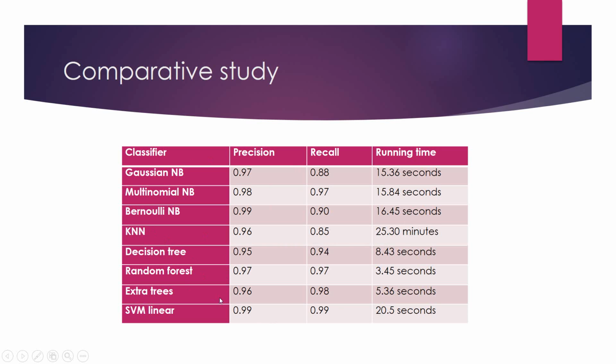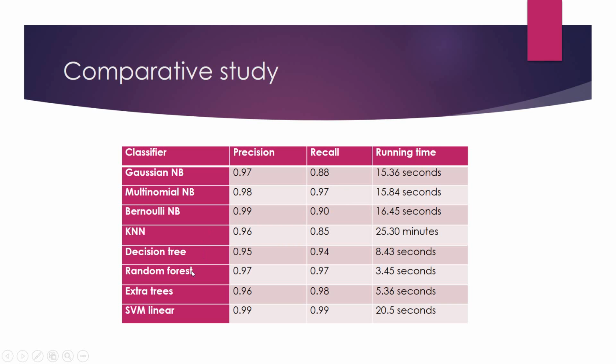The best classifier is SVM linear, which has very high precision and recall values, 0.99, and its running time is very good. The second best classifier is the multinomial naive Bayes classifier, which has a precision of 0.98 and recall of 0.97, and the running time is also pretty good.